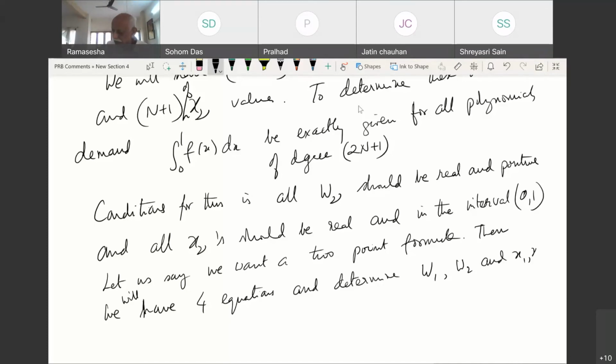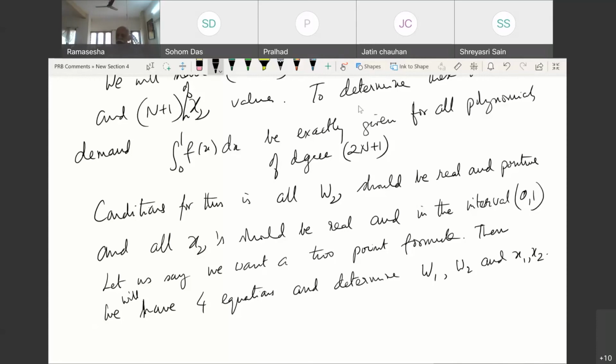So you will set up 4 equations, and so 2-point up to 2n plus 1, which in my case will be degree 5. Actually, I have 4 unknowns, so I'll have to write down 4 equations, which means it should be correct to degree 2n minus 1, because x equal to 0 I did not consider in the previous discussion.